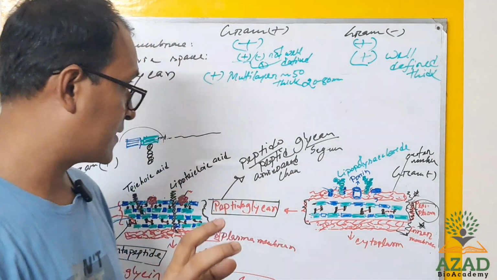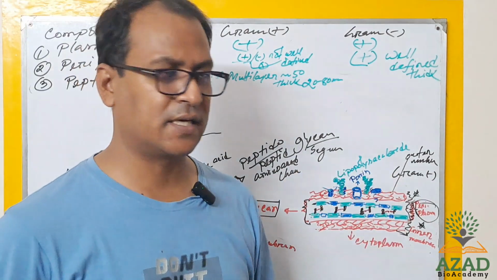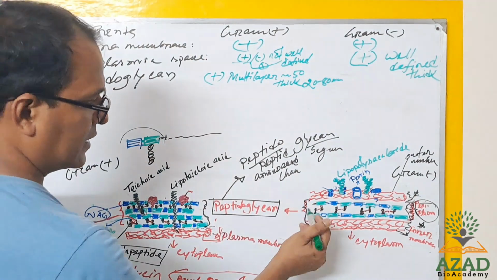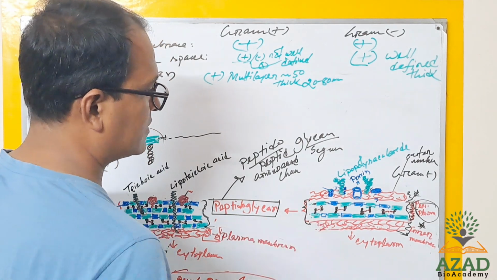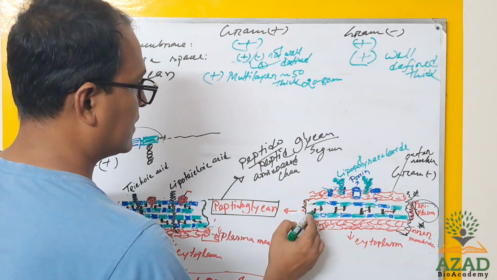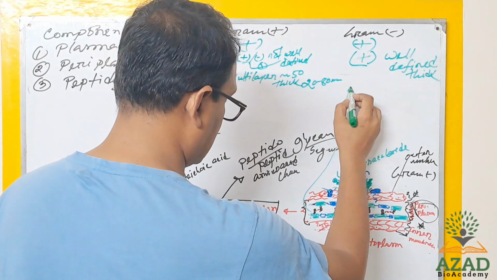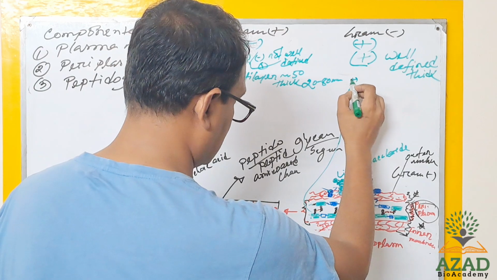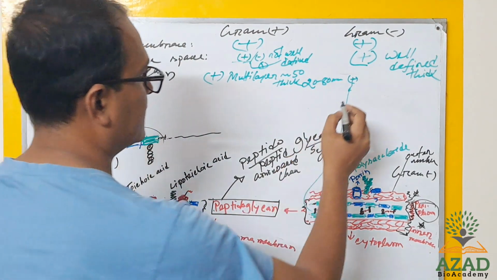That is very thick. Compared to gram-negative bacteria, if you look here, the layer is single or double.